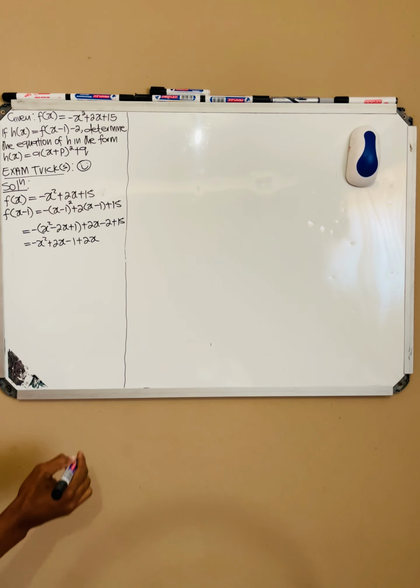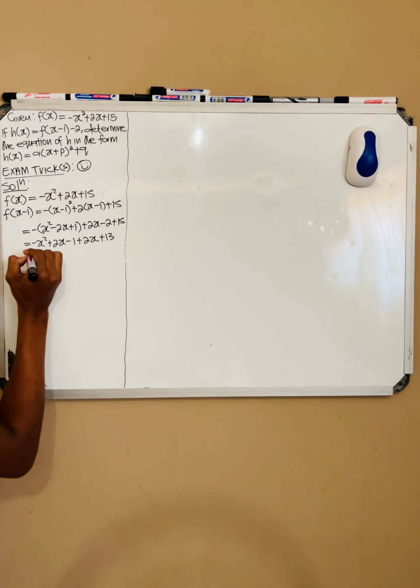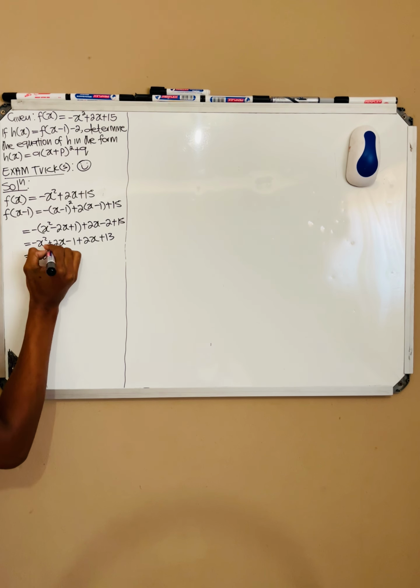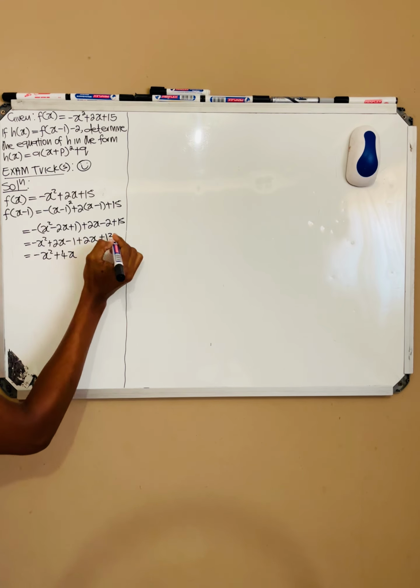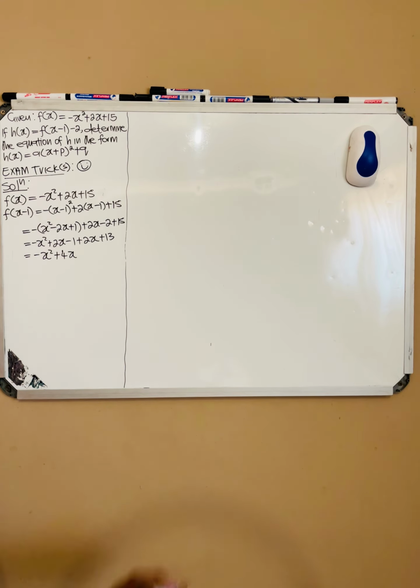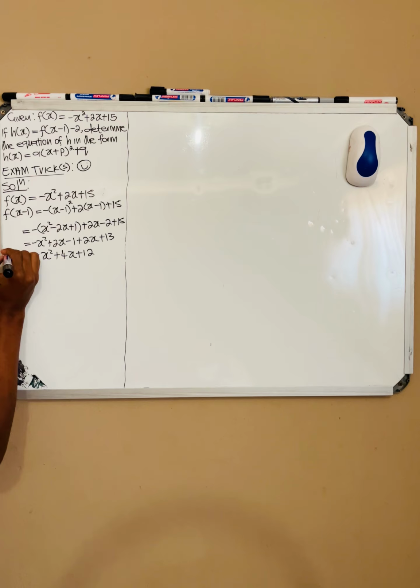You subtract and take the sign of the bigger number: 15 - 2 is positive 13. Then let's collect the like terms. We'll have -x², 2x + 2x is positive 4x, and -1 + 13 is positive 12. So this is our f(x - 1).